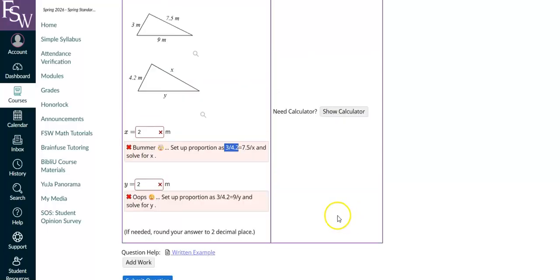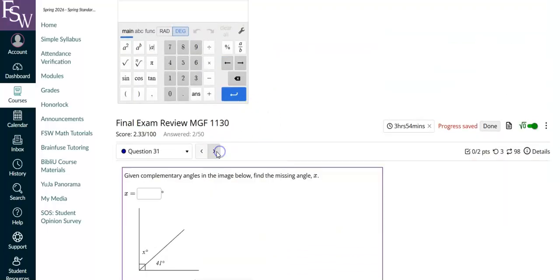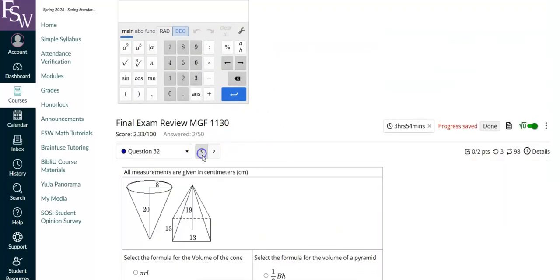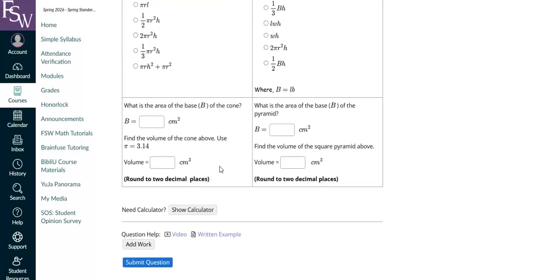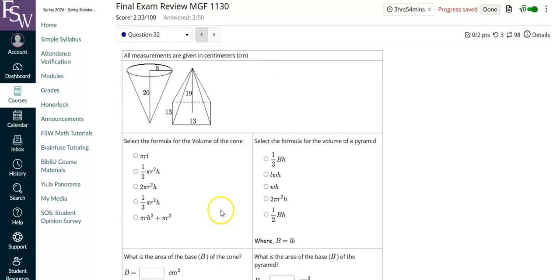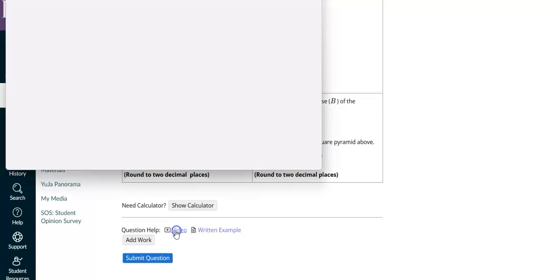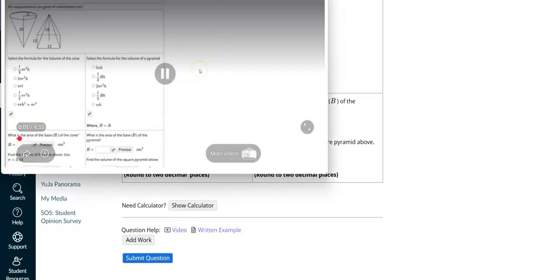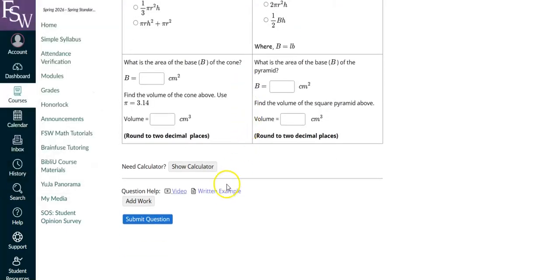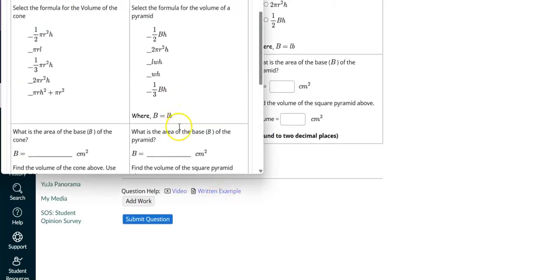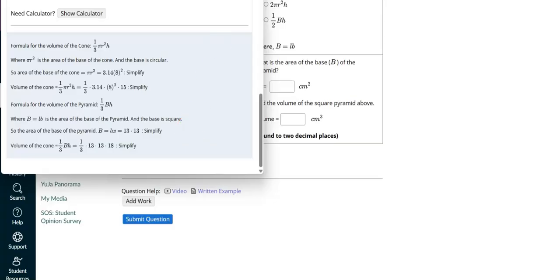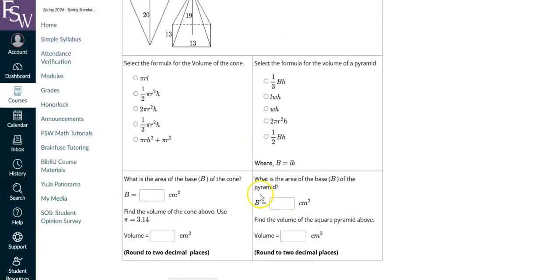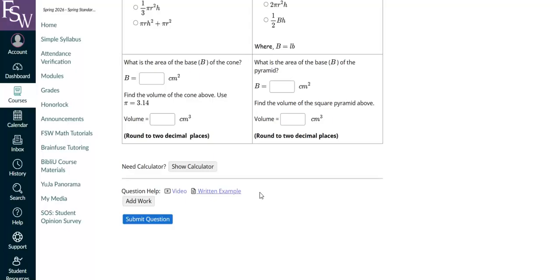Okay, so that's how you prepare for the final exam. Like this question here, there is a video solution for this one, right? A similar question has a video solution, and also a written example. So again, you just learn it. You have to do this review not just to get the points.